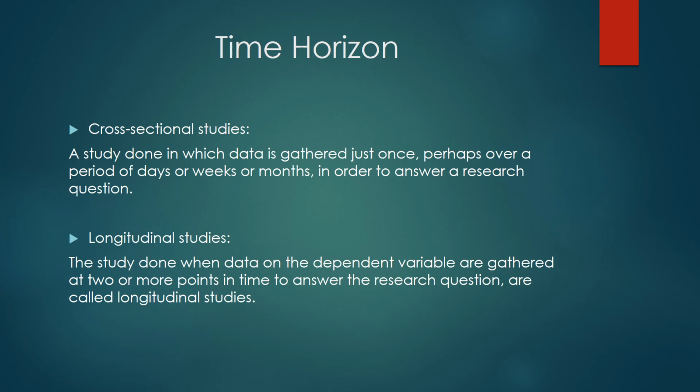On the other hand, the study done when data on the dependent variable are gathered at two or more points in time to answer the research question, it is known as longitudinal studies.